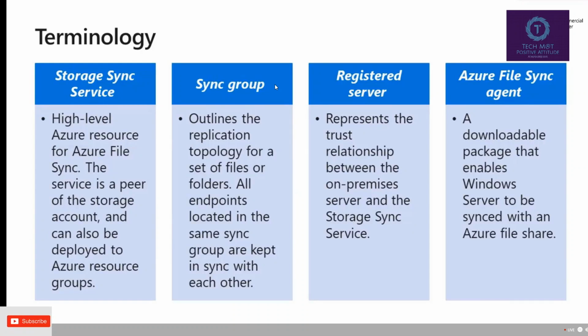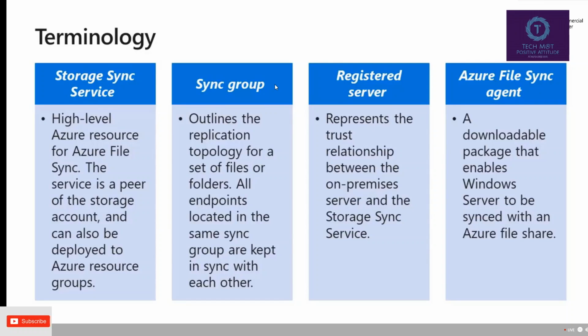So in terms of terminology, what do we have here? We have the storage sync service. It's a high-level Azure resource that basically attaches the Azure file share. Then I have the sync group, which outlines the replication topology for a set of files and folders.